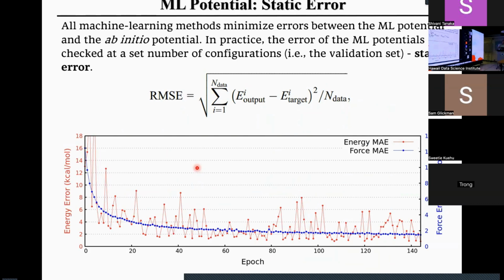Now, this is what developing a machine learning potential typically looks like. How can you tell a good one from a bad one? We provide these millions of frames into this machine learning protocol, and it does its job, takes a few days.